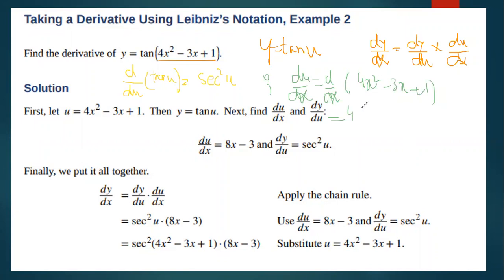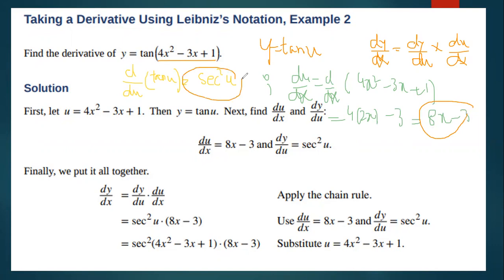So it will be 4, then 2x minus 3, that will be equal to 8x minus 3. These are the two values. First value is secant square u, and second value is my 8x minus 3.